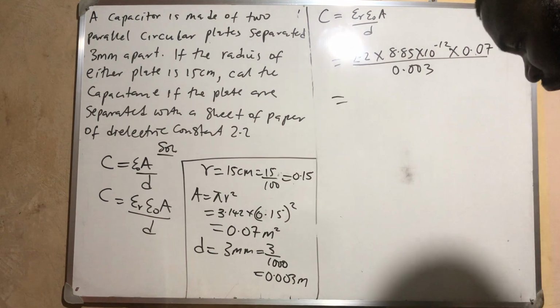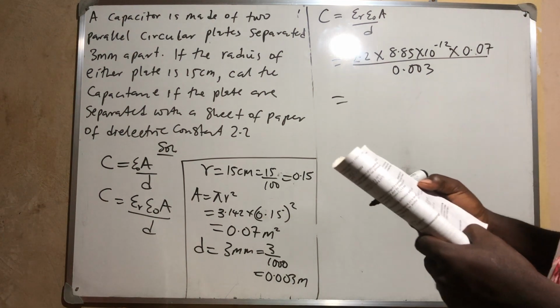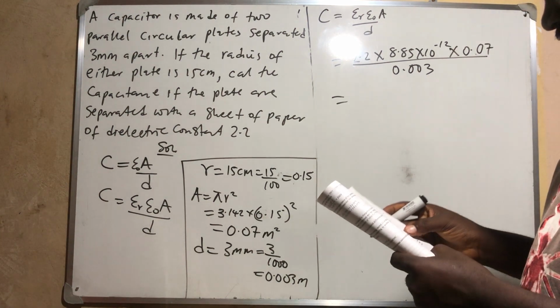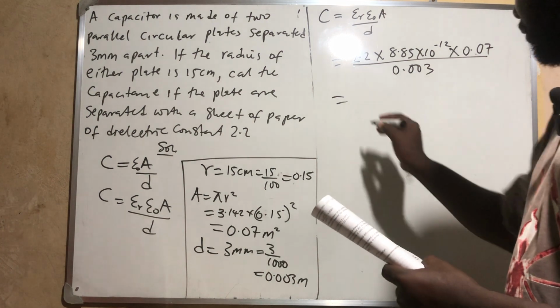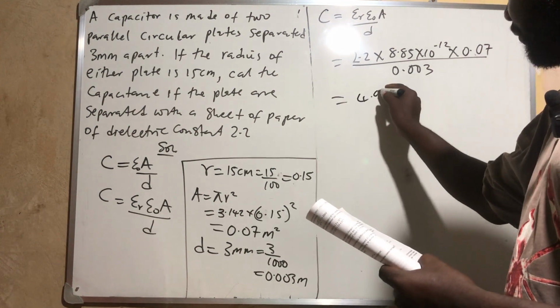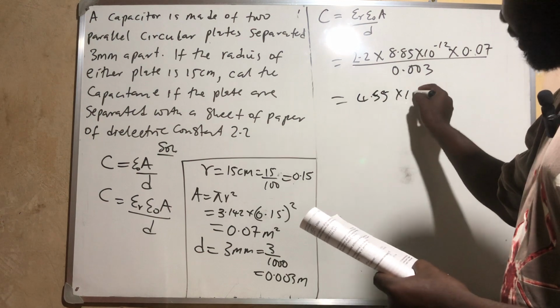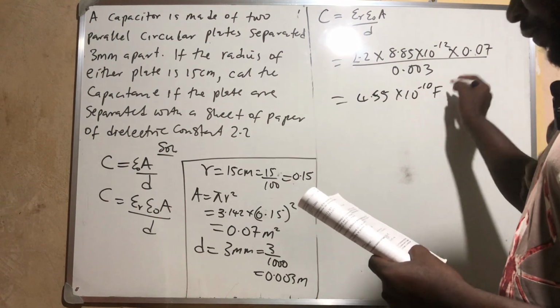If you do the mathematics with your calculator, you'll be having 4.55 times 10 raised to the power minus 10 farad.